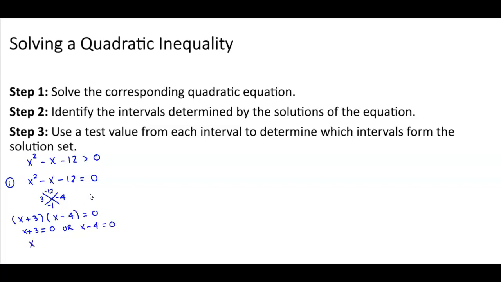If we solve for x here, we get x equals negative 3. If we solve for x over here, we get x equals 4. So these are our testing points that we're going to put on a number line. This is the first step.